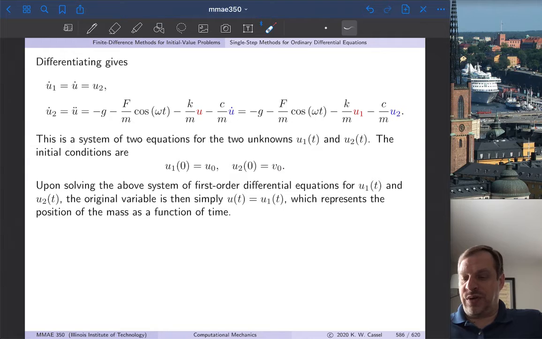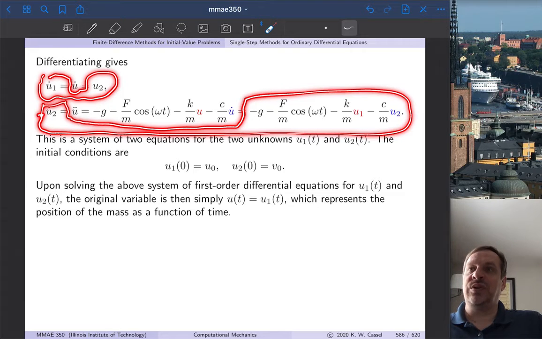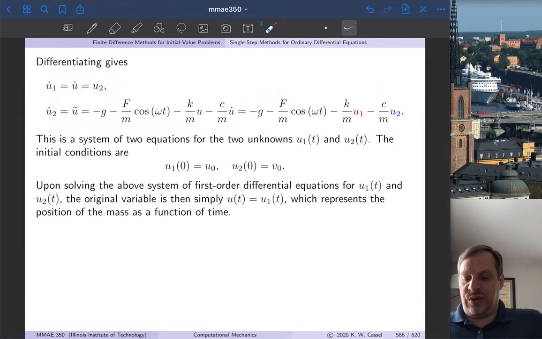So now, you get rid of these in the middle here, and this is our system of equations, two equations for two unknowns, along with our two initial conditions.